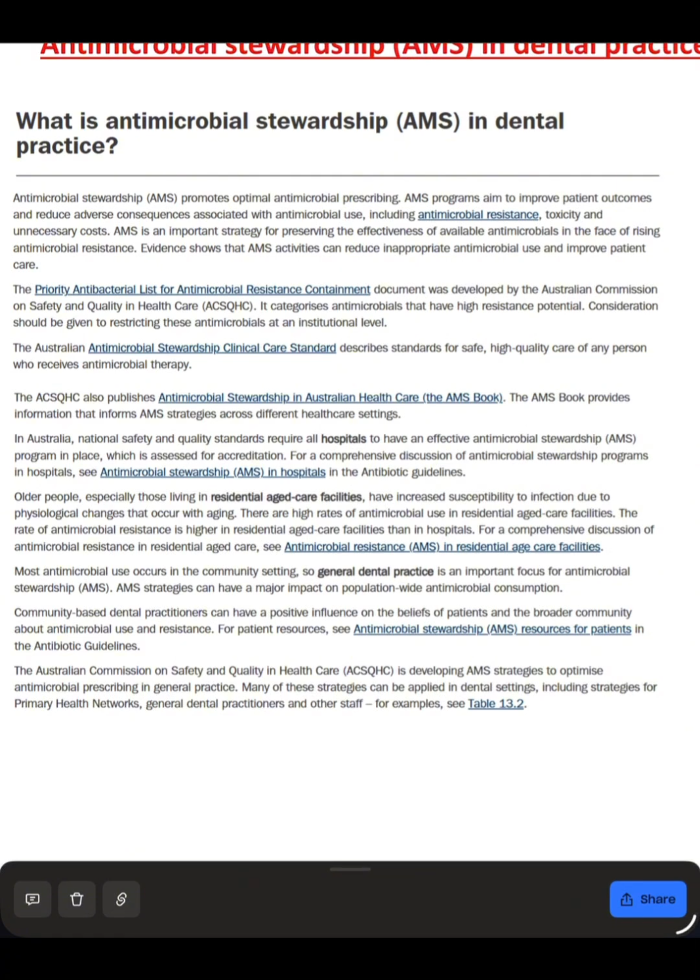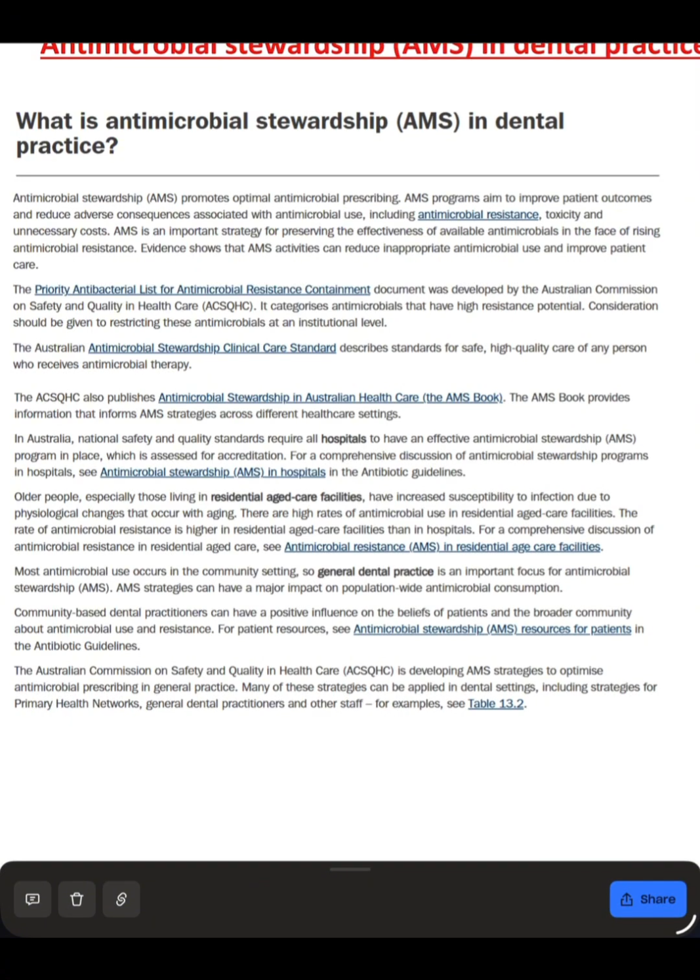The ACSQHC, which is the Australian Commission on Safety and Quality in Health Care, also publishes Antimicrobial Stewardship in Australian Health Care. The AMS book provides information that informs AMS strategies across different healthcare settings.